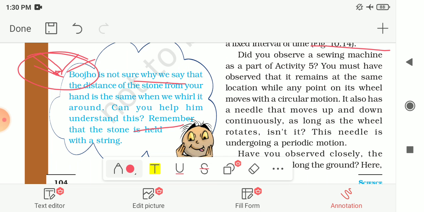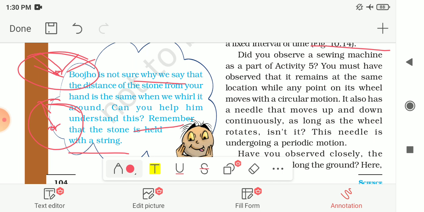Remember that the stone is tied with this string, because when the stone is moving around your hand in circular motion, the path becomes circular. In a circle we know that your hand becomes the center of the circle, and the distance from any point on the circle to the center remains the same, that means it becomes the radius.